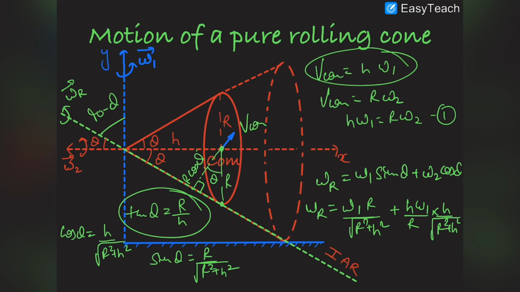We also term this omega 1 as orbital angular velocity. So if the magnitude of omega 1 and omega 2 are constants, which are constant in the question, you have to find out the angular acceleration. Now angular acceleration would be the rate of change of the resultant angular velocity.